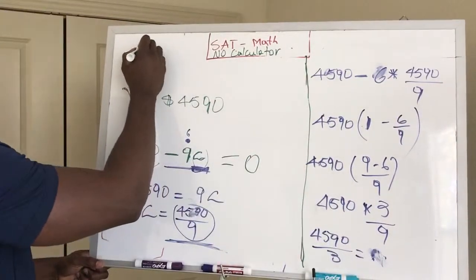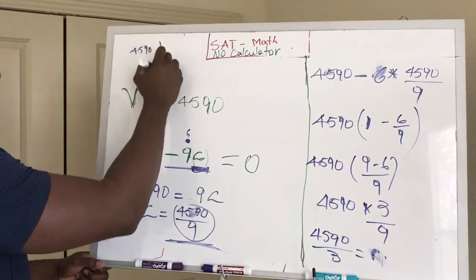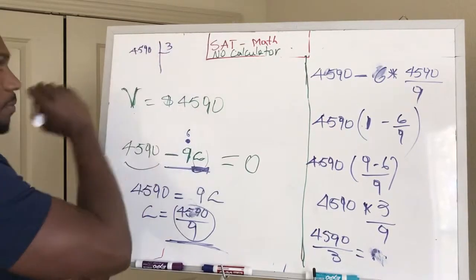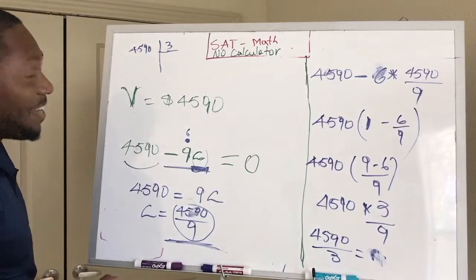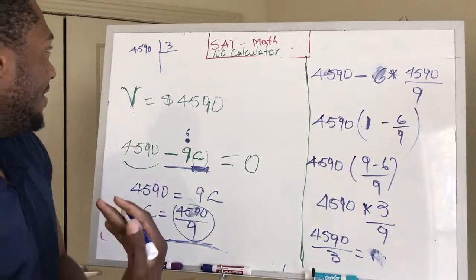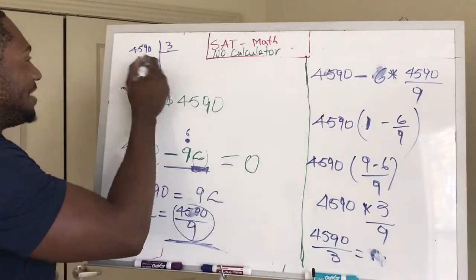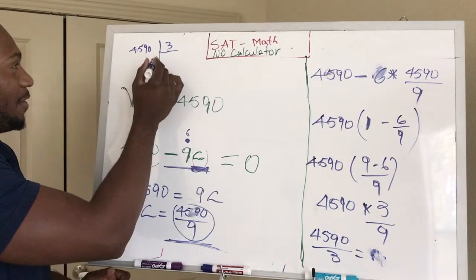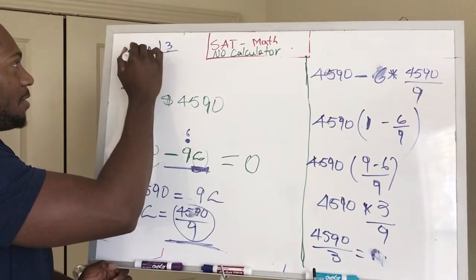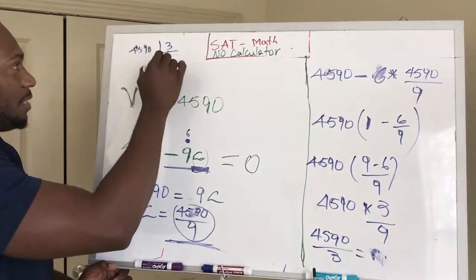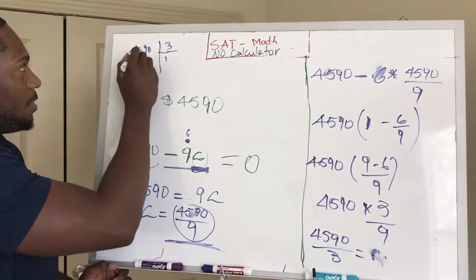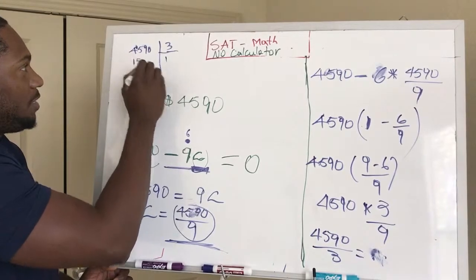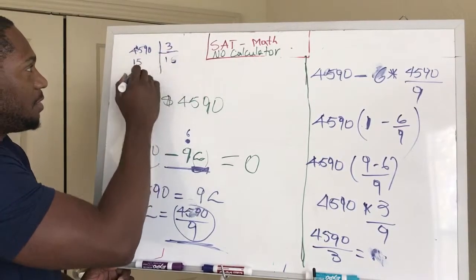So 4590 divided by 3. This is probably gonna look different from how you do your division, but it's okay. We're gonna end up with the same result. How many times does 3 go into 4? 1 time. 1 times 3 is 3, leaving 1. Then 15: how many times does 3 go into 15? 5 times.